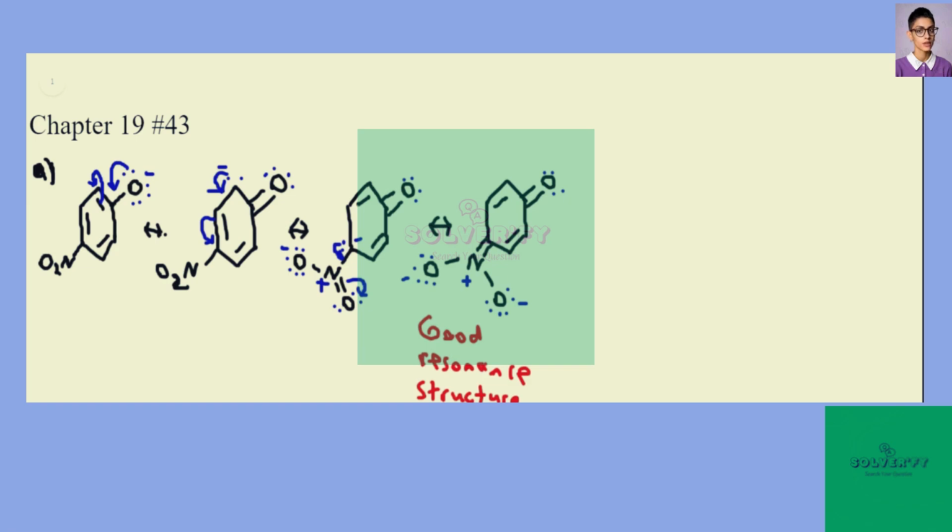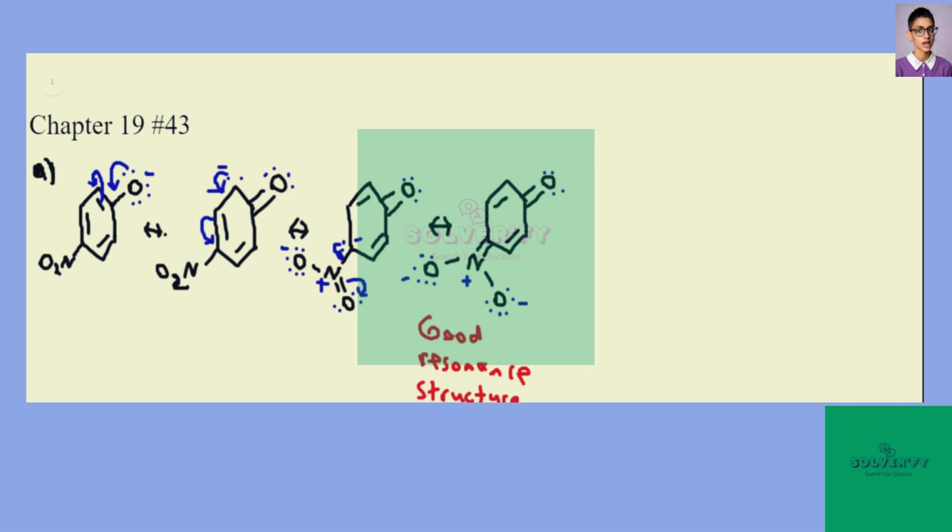And so phenol doesn't have access to this type of resonance structure. I'm omitting the rest of the resonance structures here, but we can delocalize the negative charge, the lone pair, back into other positions around the ring. There are a couple other resonance structures, but phenol has access to those as well.